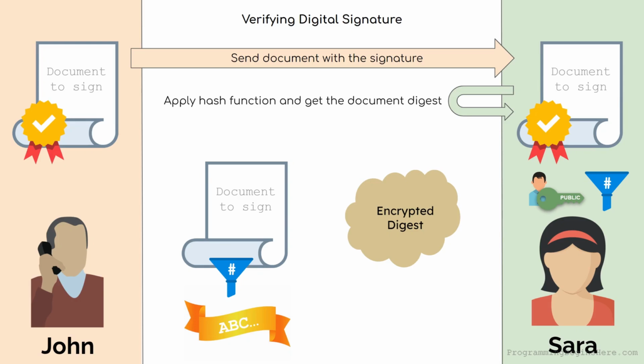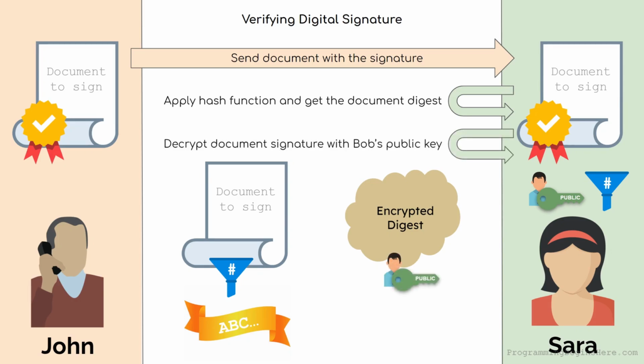Now she should try to decrypt it with Bob's public key and compare the result with the document digest she got in the previous step. If the digests are the same, it means that the signature was created using Bob's private key, which means it was Bob who signed the document. It also means that it is the same document as Bob signed, because otherwise hash function would generate a different digest on the previous step.